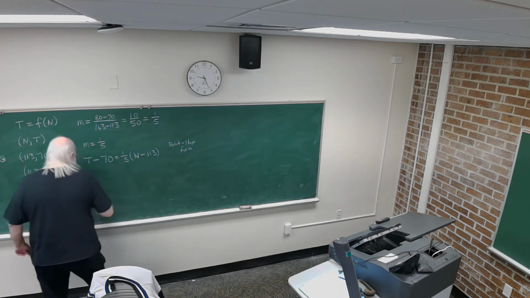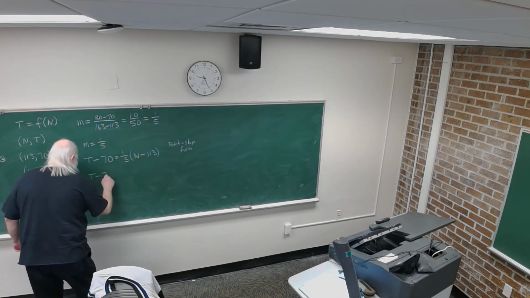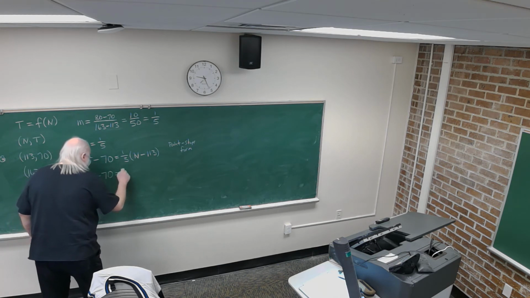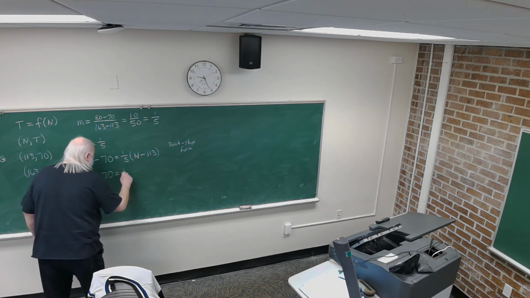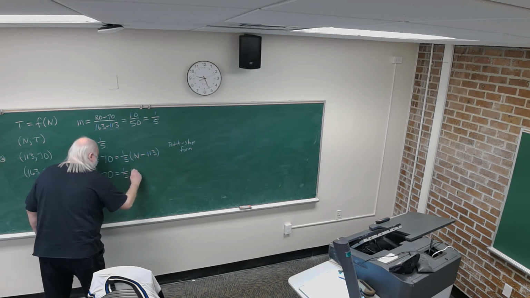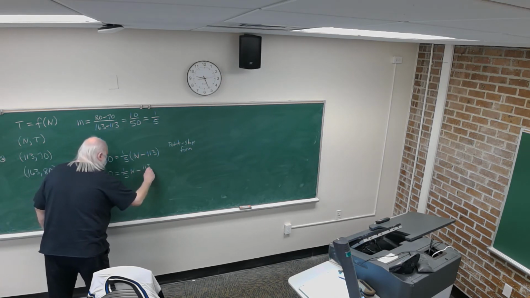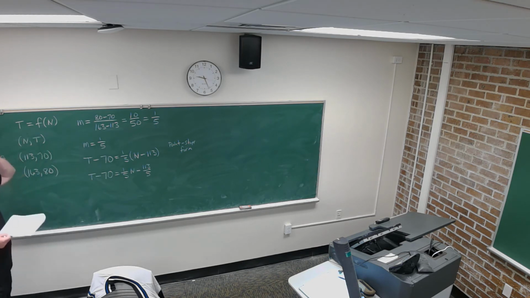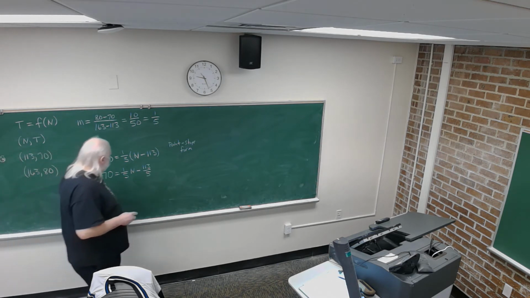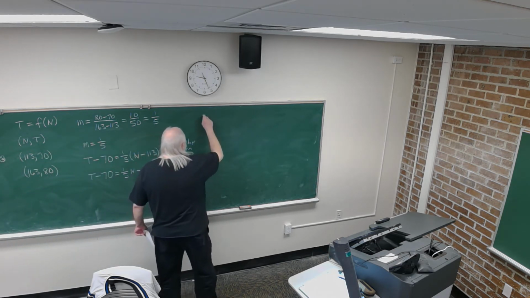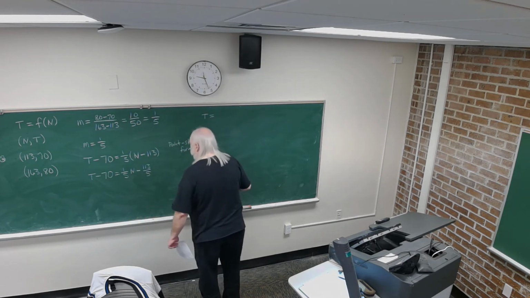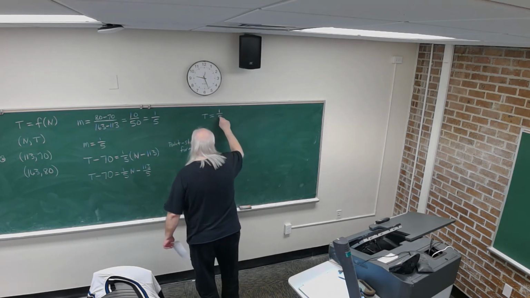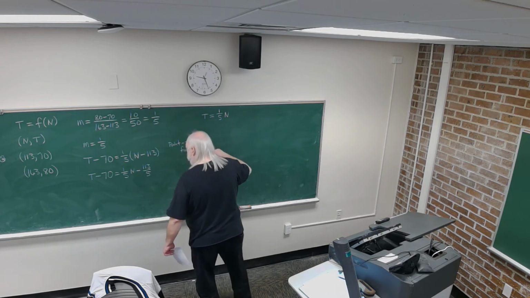So we have t minus 70 is equal to 1/5 n minus 113 divided by 5. Okay. Minus 113 fifths. And now we add 70 to both sides. And we have t is equal to 1/5 n.